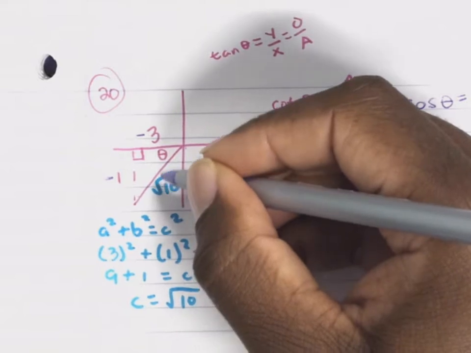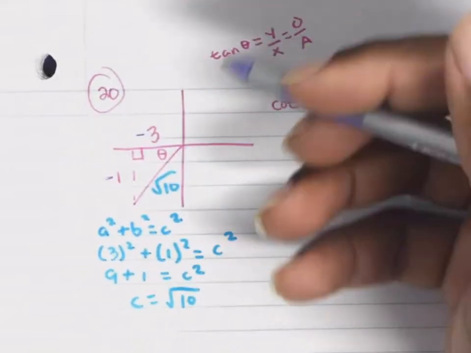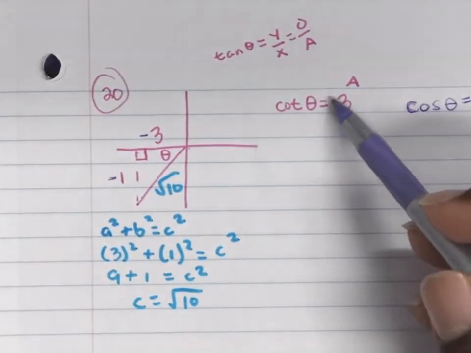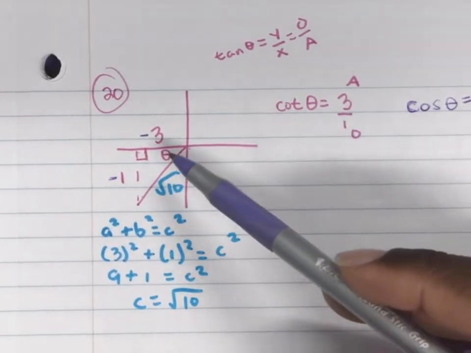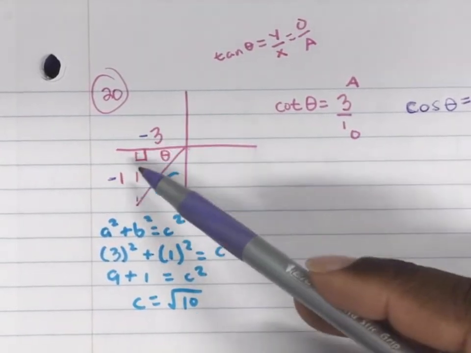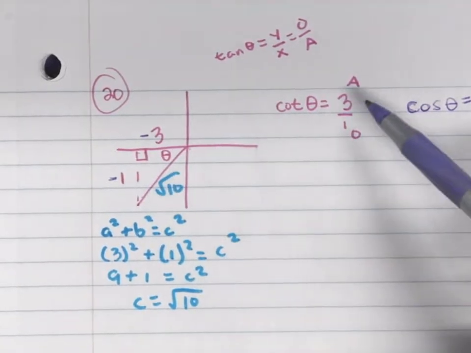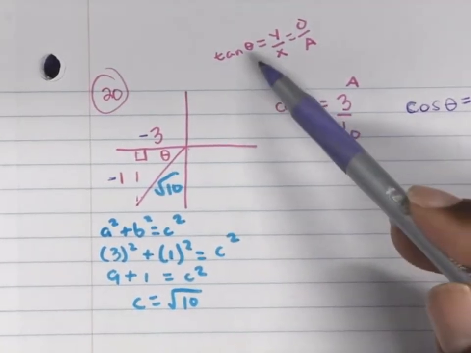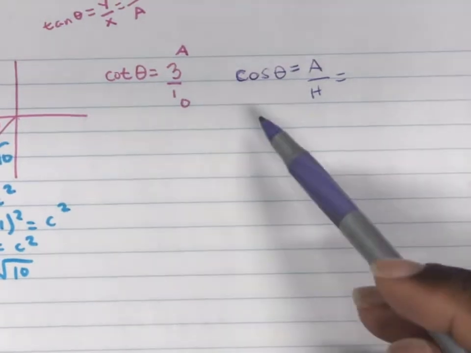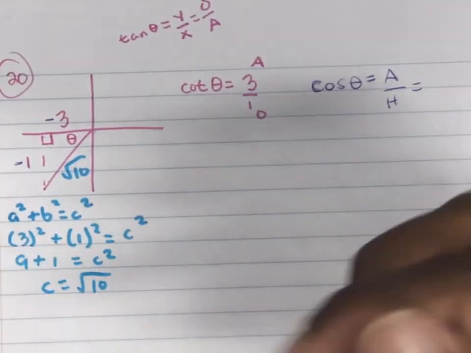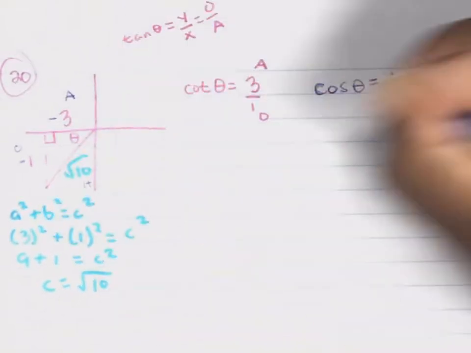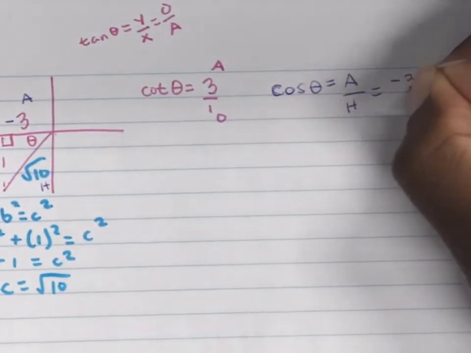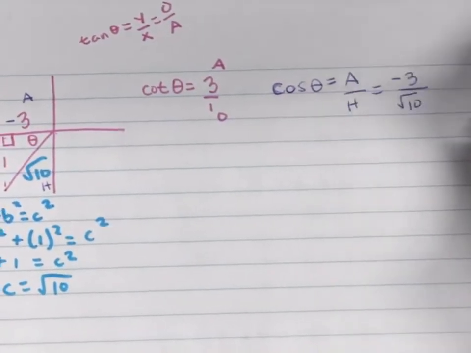And in the third quadrant, I know that x and y are negative, which made cotangent and tangent positive. Sorry, I think I said positive. These two are negative in the third quadrant, x and y. So the two negatives give me a positive cotangent or a positive tangent. But these other functions should be negative. So the adjacent side, which is right here, over hypotenuse, cosine is -3 over root 10.